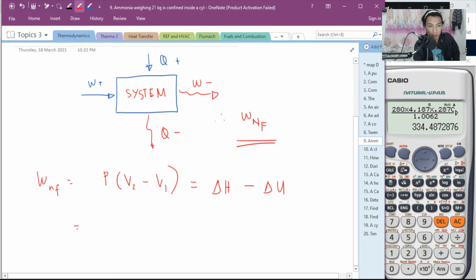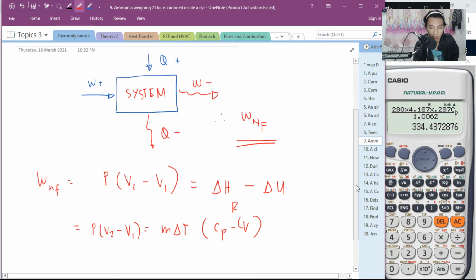I-derive ko yan. So, P(V2 minus V1) is equal to m delta T multiplied by Cp minus Cv, where Cp minus Cv is equal to R.